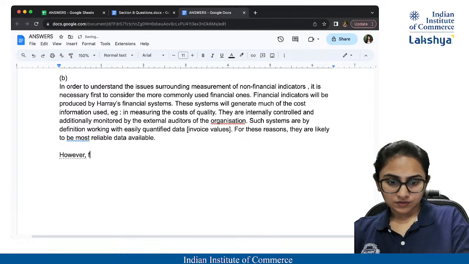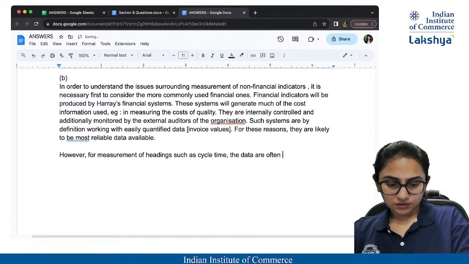However, for measurement headings such as cycle time, the data are often going to be non-financial.